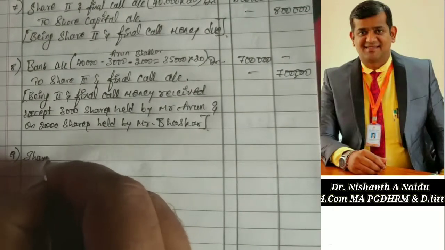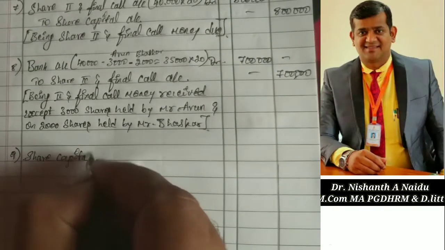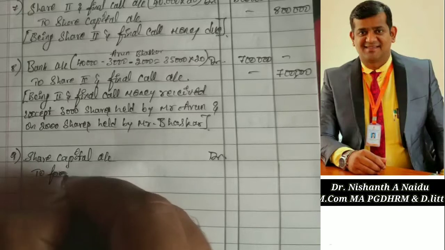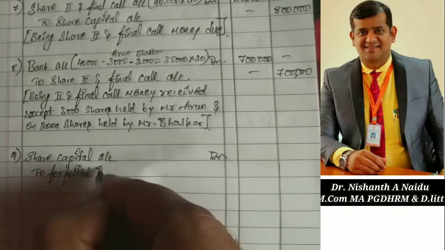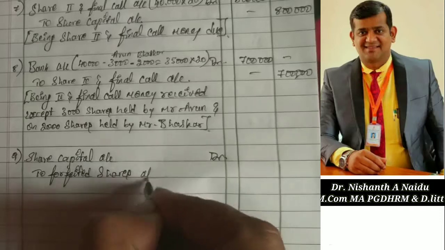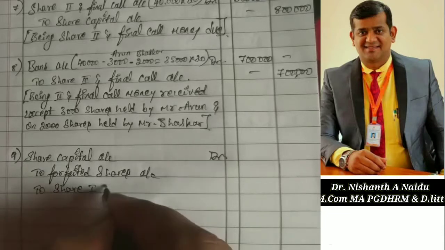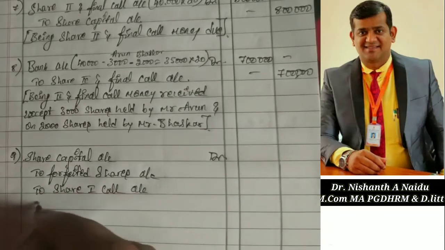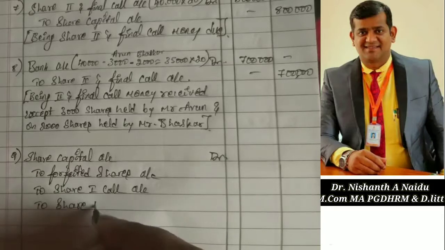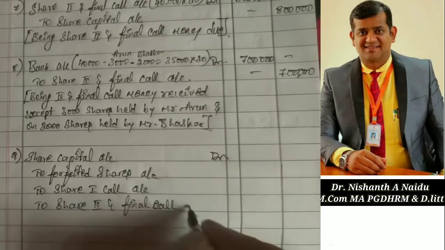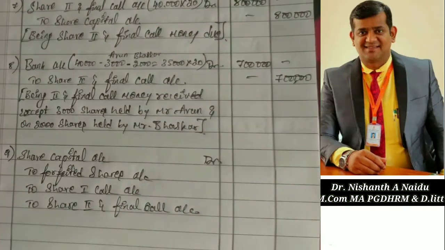So share capital account debtor to forfeited shares account, to share first call account, to share second and final call account. So now we have to calculate.